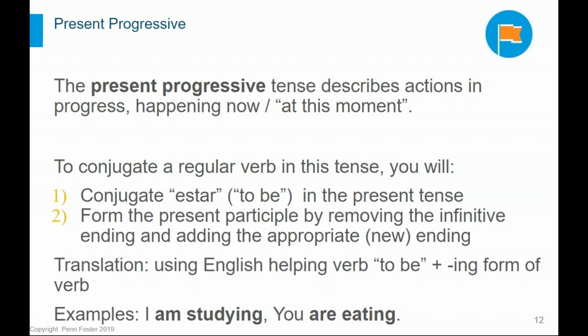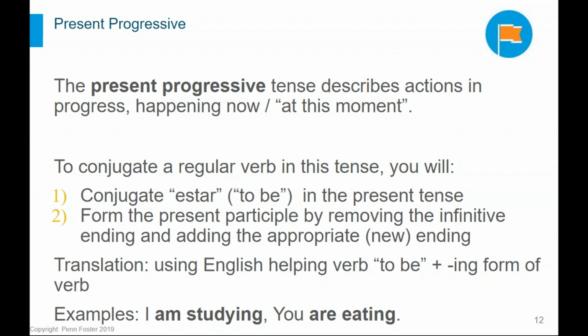And in order to conjugate present progressive, it's a little bit different than present tense. Present tense conjugations are made up of one word, as we saw, hablo and habla, so on and so forth. In this case, an easy way to remember that you need two words is that present progressive is two words. So you'll have to have a two-part conjugation for this tense. The first being a conjugation of estar.